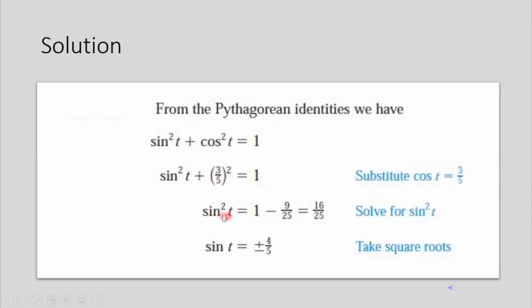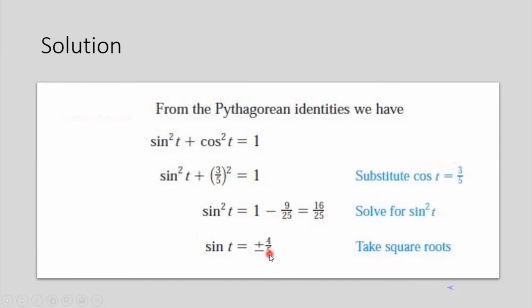Okay, now since we have sine squared t, which means sine t times sine t, we can take the square roots of both sides. That is, the square root of sine squared t is sine t only. Then the square root of 16 over 25 is equal to plus or minus 4 over 5.